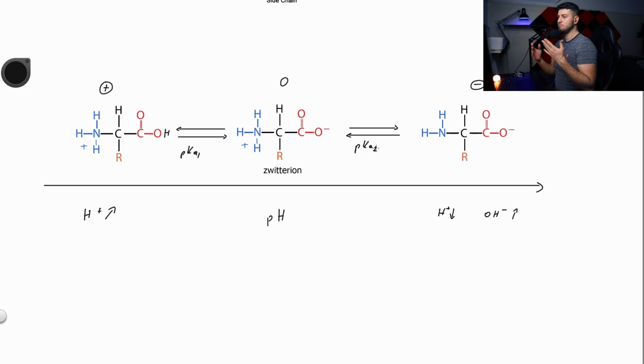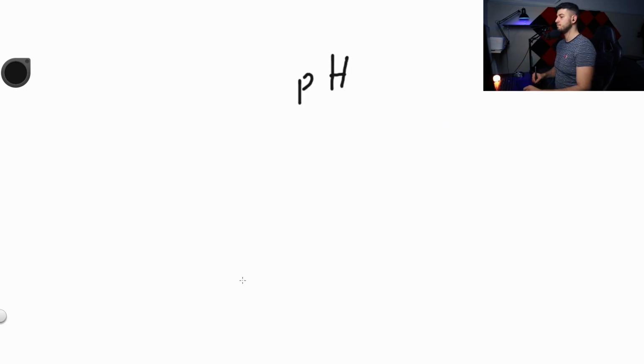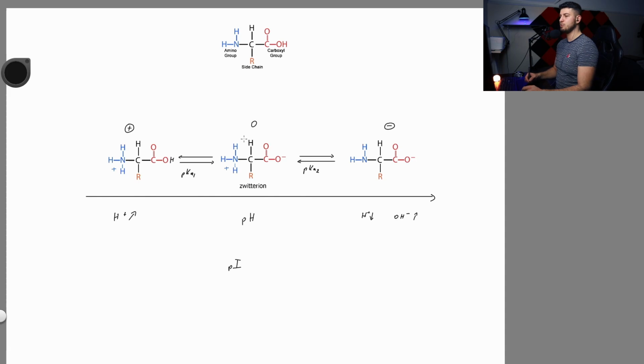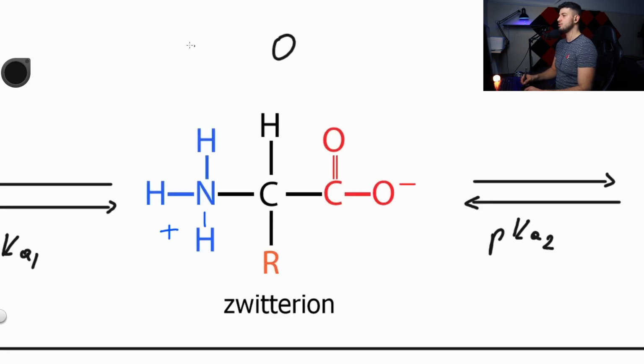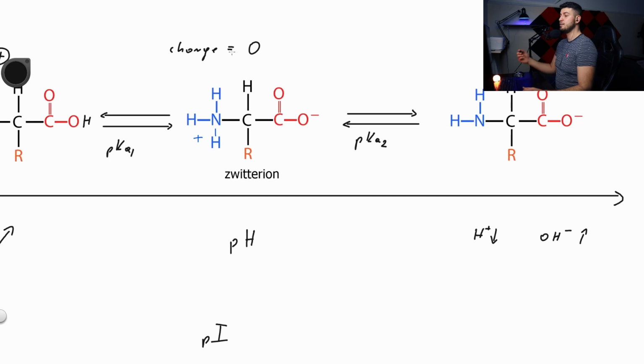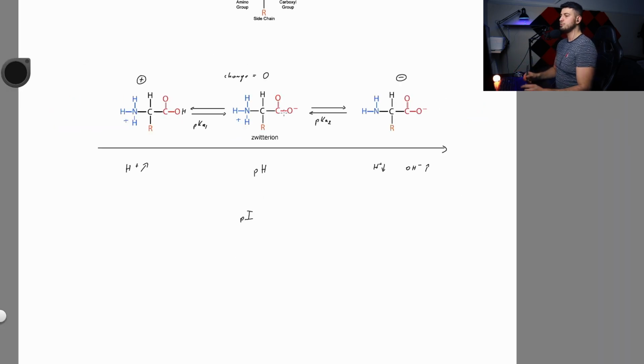And now, you might get asked, okay, what's the isoelectric point, or what's pI? So basically, what's the pH at which our amino acid will be in the form of Zwitterion? So charge 0. Remember, it's all about the charge. So Zwitterion, charge 0, what is the pH? It's important to take a look at the pKs close to our Zwitterion.